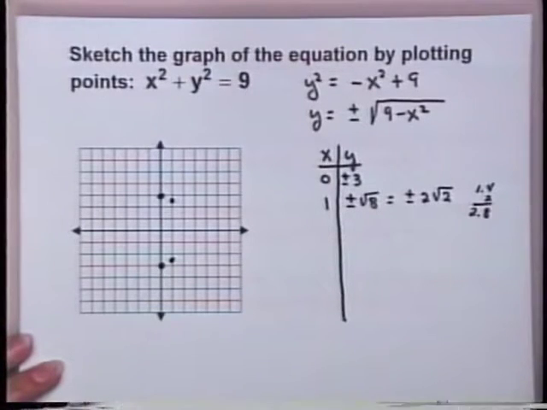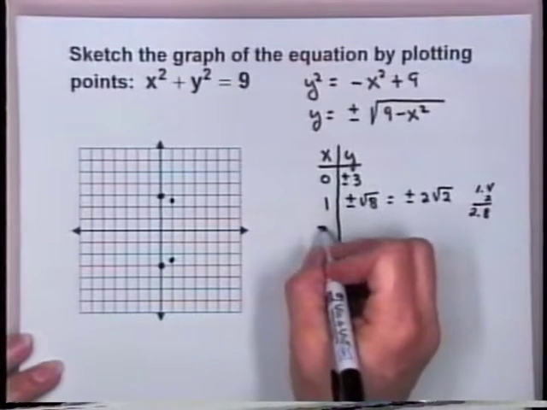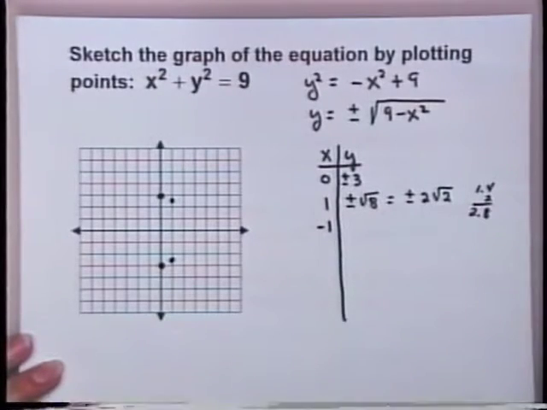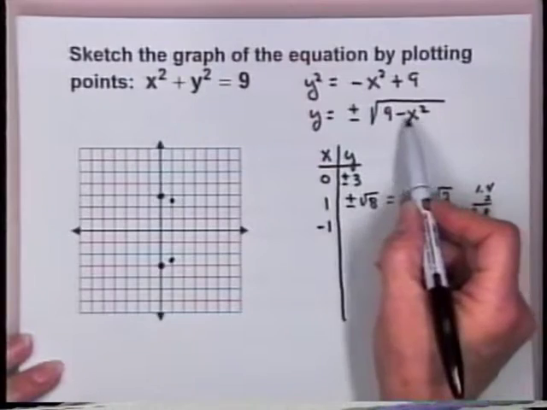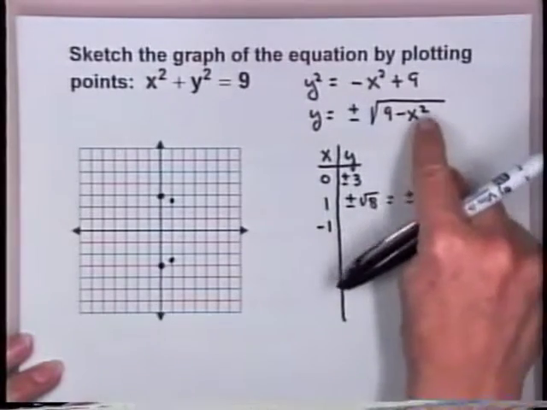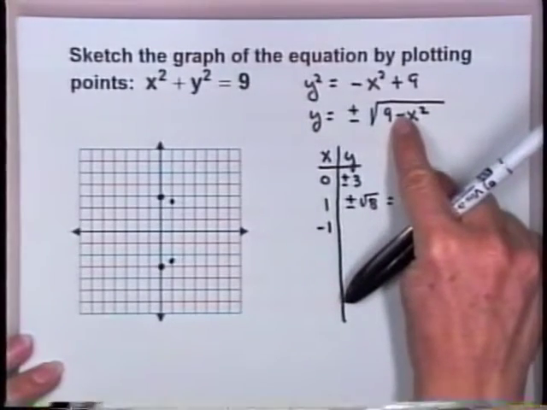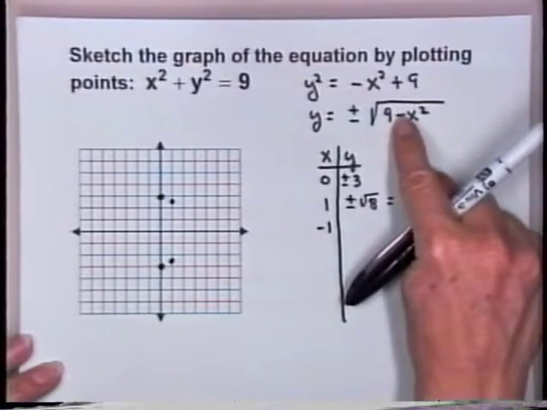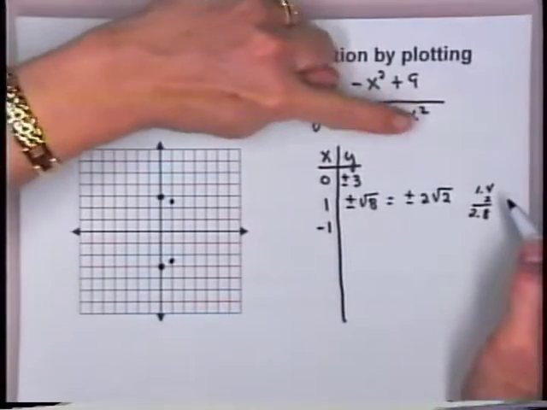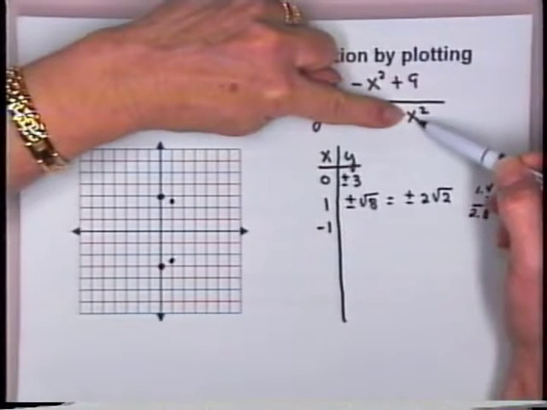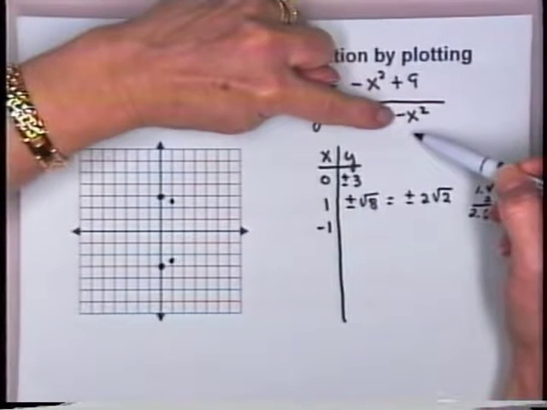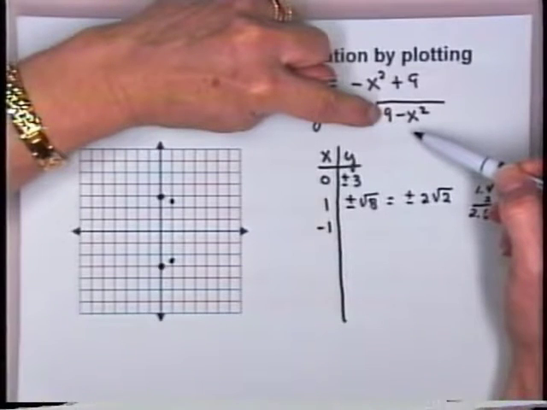Okay. Now while we're here, I want to do this. I'm going to go ahead and choose x to be negative 1 because I want to point out something here. Be real careful with this. A lot of students get confused right here. The square happens before the subtract happens. Remember that order of operations? So if I'm putting in a negative 1, I'm going to square the negative 1 and get 1. And then that means I'm going to subtract 1 from 9, and I'm going to get 8 again.